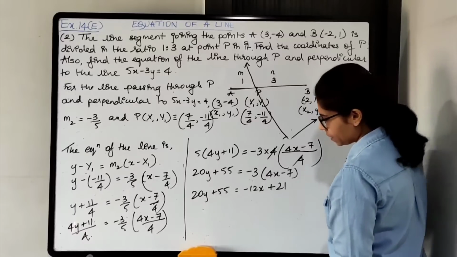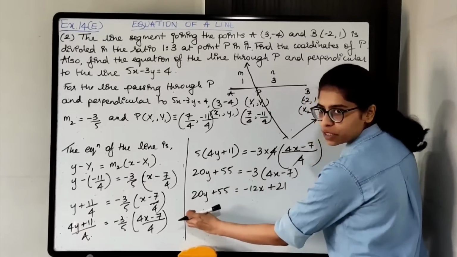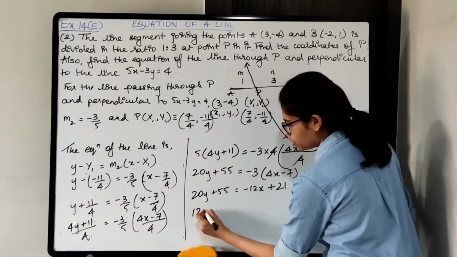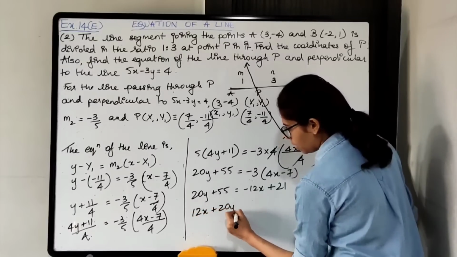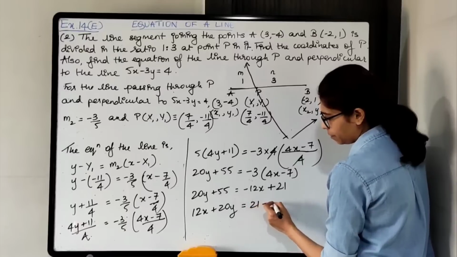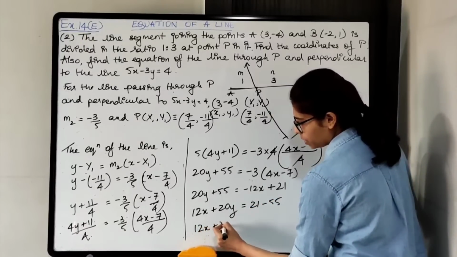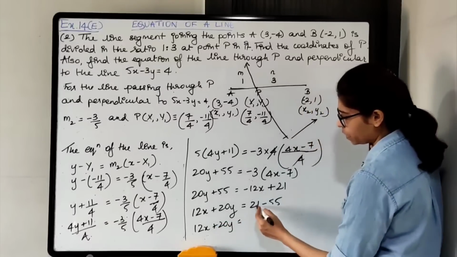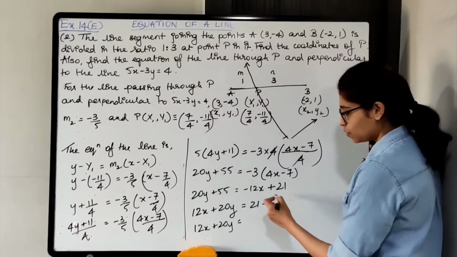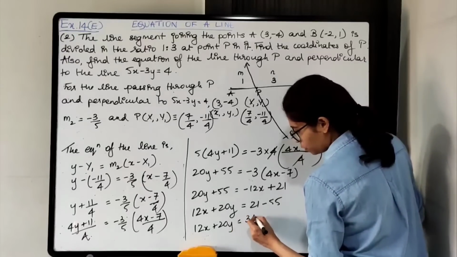Okay, the x term is negative, so I'm going to group it with the y term, so it will become positive. And 55 and 21 on one side, so 12x plus 20y is equal to 21 minus 55. Do 55 minus 21, that will give you 34.